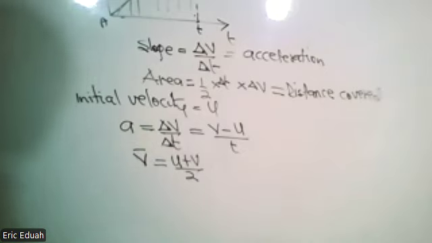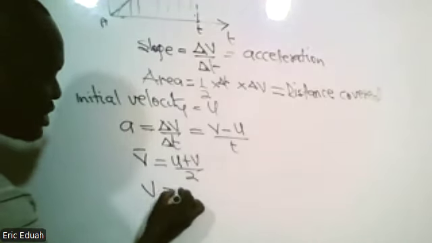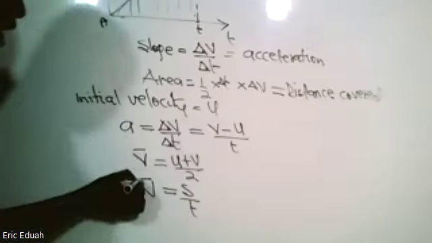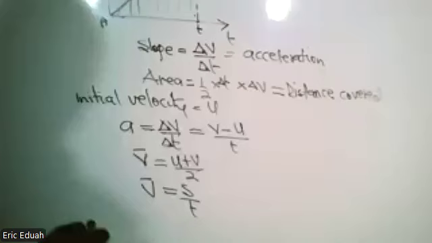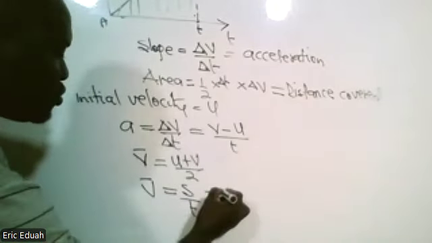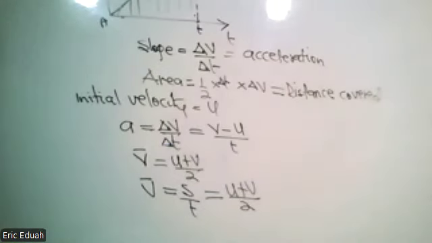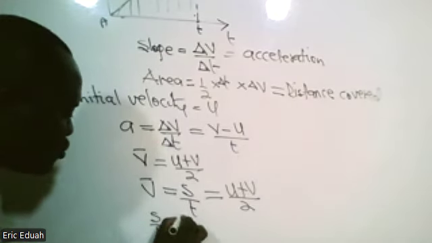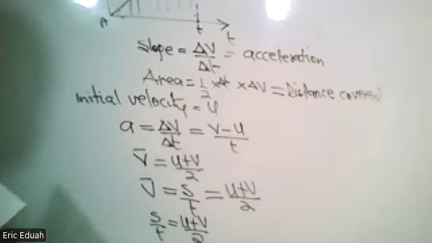Since velocity is equal to s on t, and average velocity is total distance over total time taken, we equate s over t to u plus v over 2, because this is average velocity, this is also average velocity.